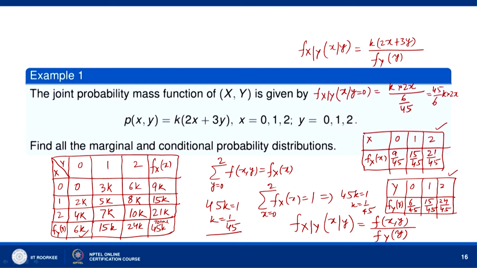Since 45k equal to 1, we have 1 by 6 into 2x, that is x by 3. Similarly we have to do it for y equal to 1 and y equal to 2.